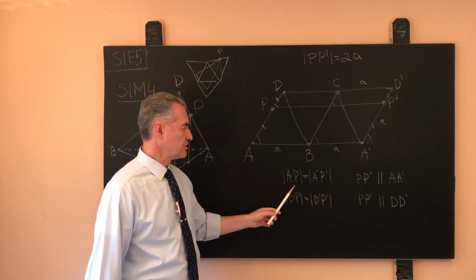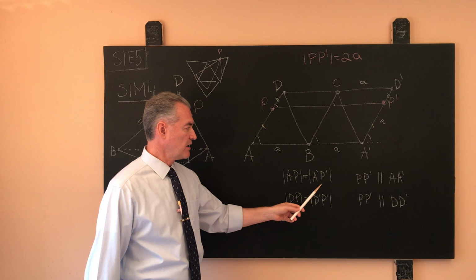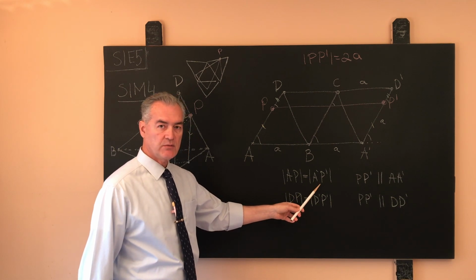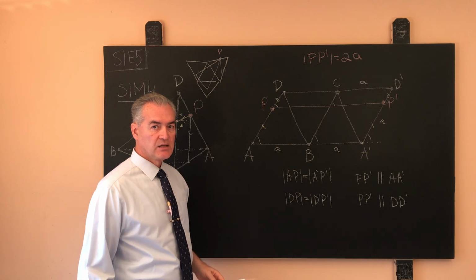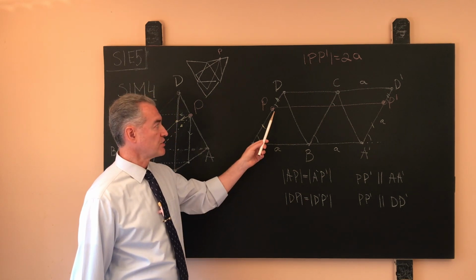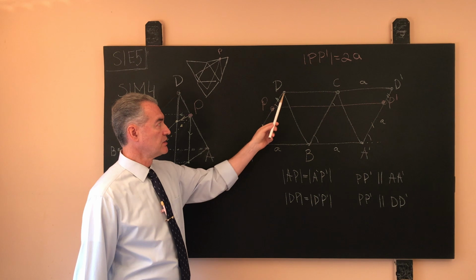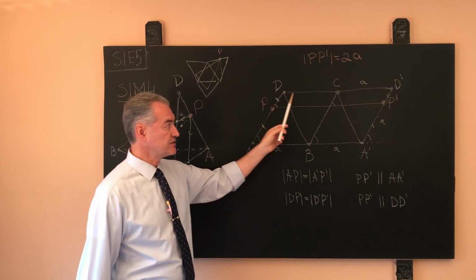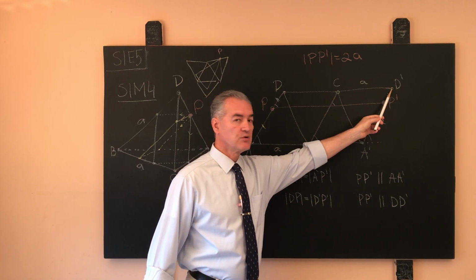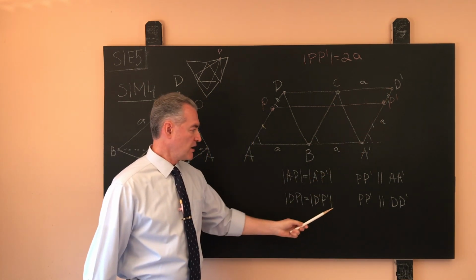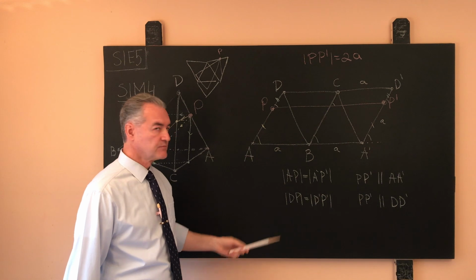In other words, the distance AP and the distance A prime P prime are actually one and the same distance. Likewise, the distance from the point P to the point D will be exactly the same as the distance from the point P prime to the point D prime, as depicted over here.